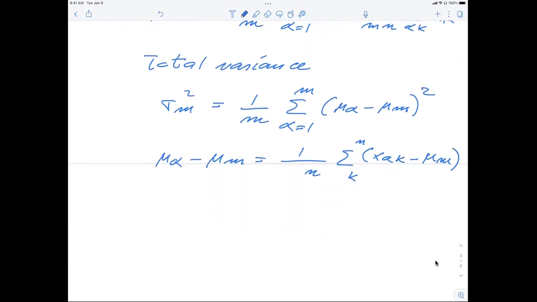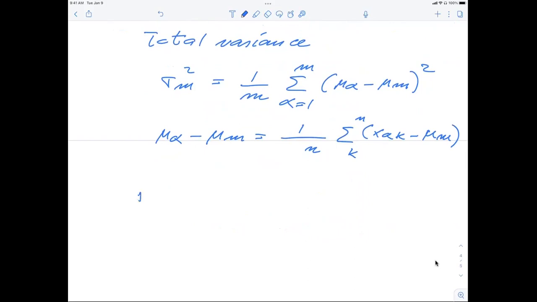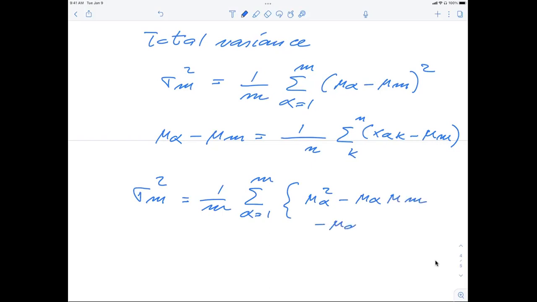Okay, so we can plug that back into the equation for the total variance. So if I do that, then I can rewrite the total variance in terms of these quantities. And it's pretty easy to show that this becomes equal to, if we now look at what we have, so let me just do the calculations and the intermediate steps. We have a sum over alpha 1 up to m. And when I square it, I get mu alpha squared minus mu alpha mu of m minus mu alpha mu of m.